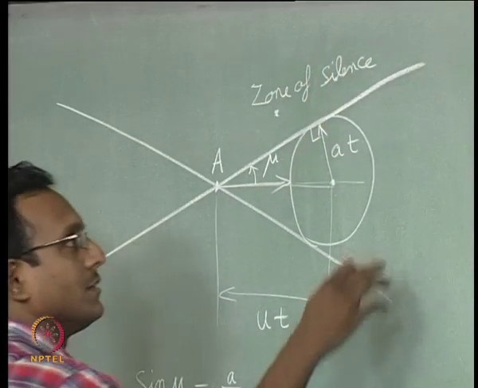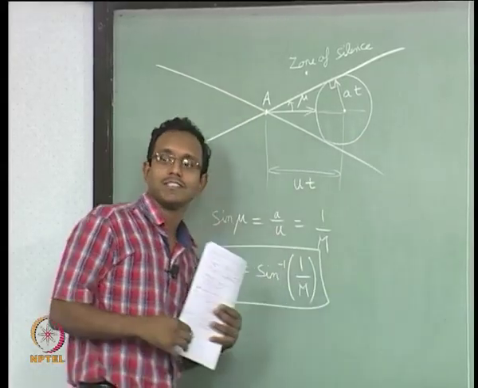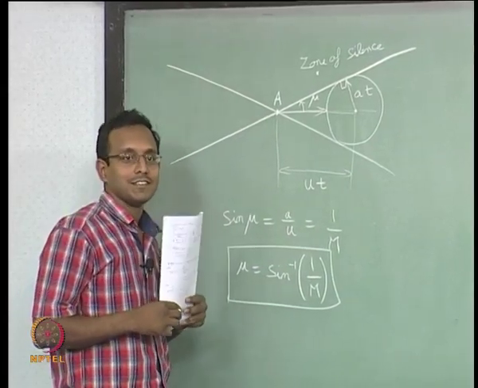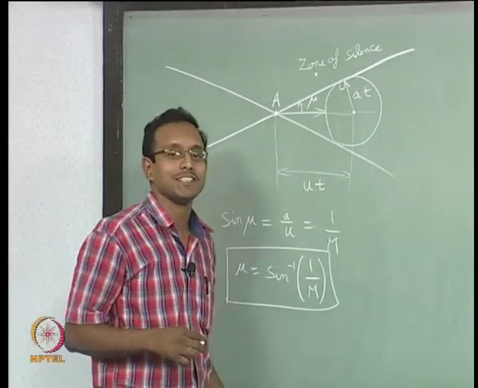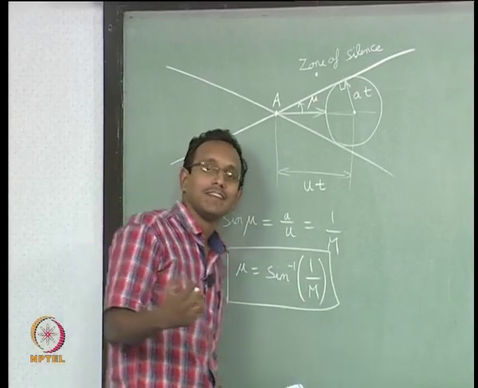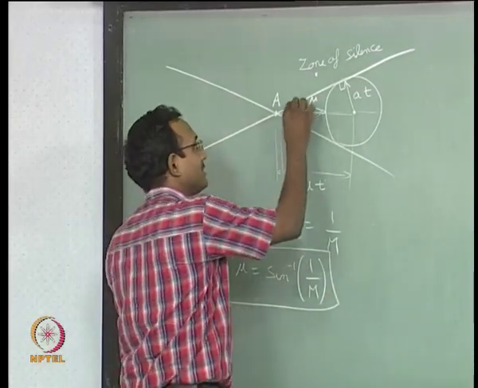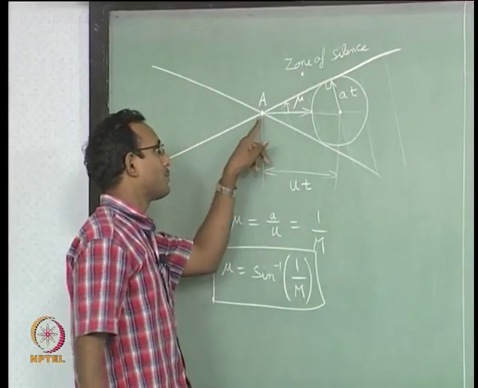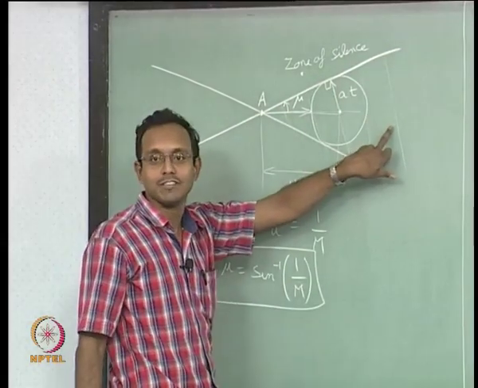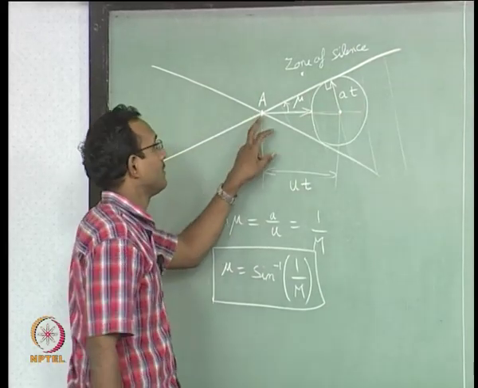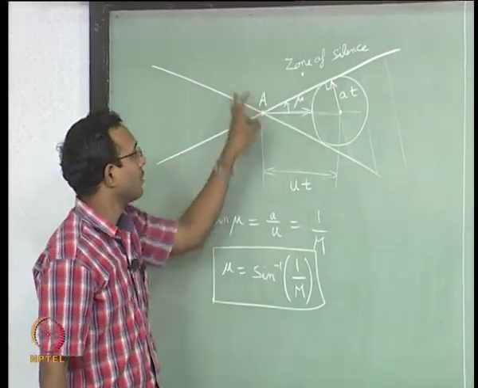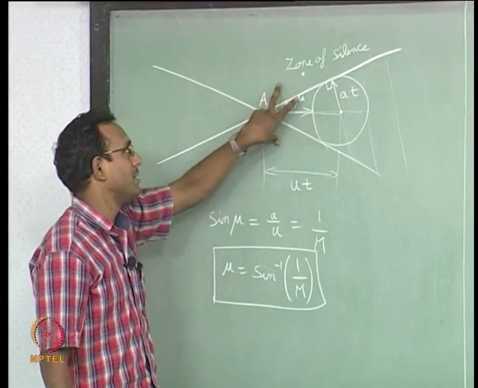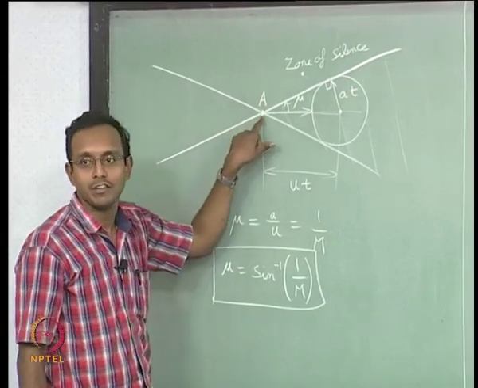While this region, what is this region called? Zone of action, zone of influence, depending on which book you take, it is given some set of names, but this is the region where this point can have an influence. No other point outside this whole wedge like area can be influenced by any change in this point here.